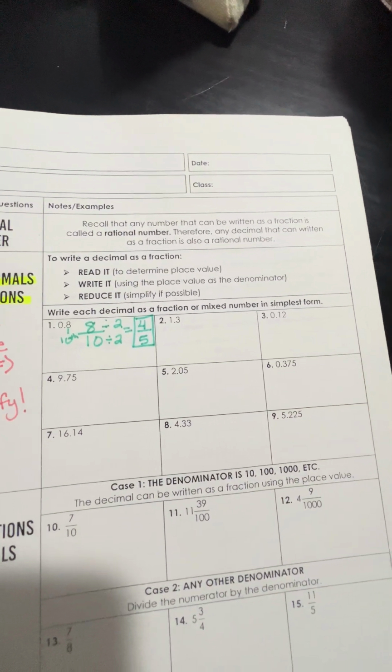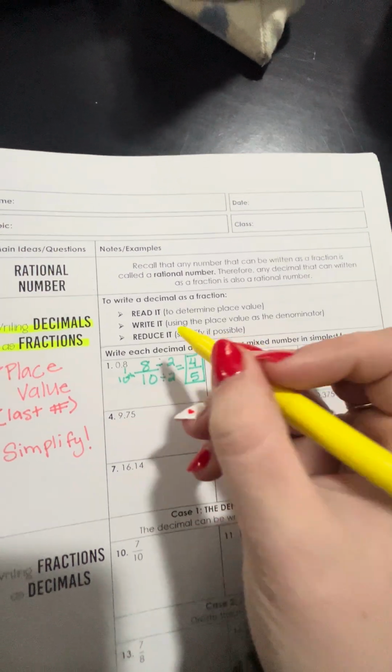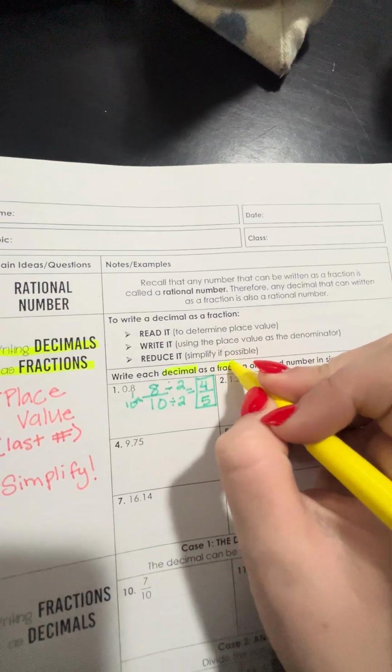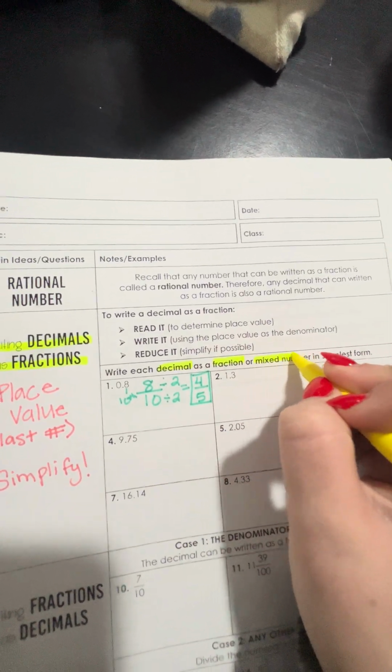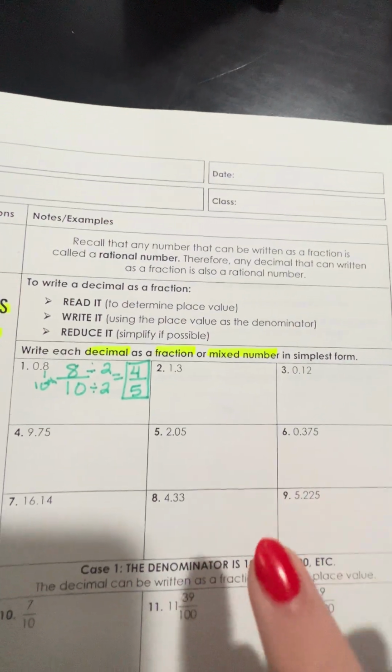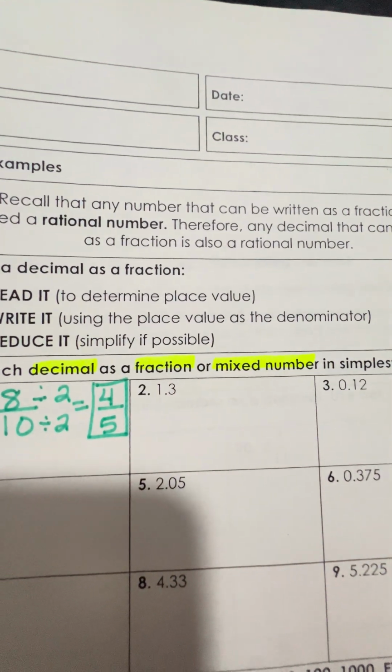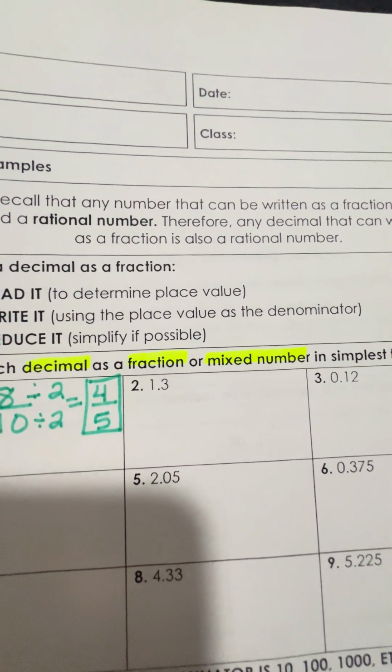Next one. One part about this I forgot to mention is it does say write each as a decimal, as a fraction, or a mixed number. Remember, when you have a number in the ones place, that means it's going to be a mixed number, okay?